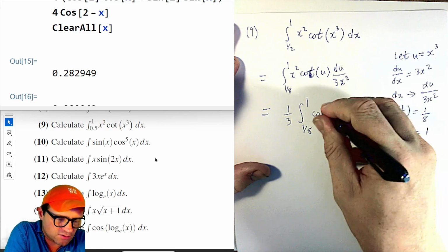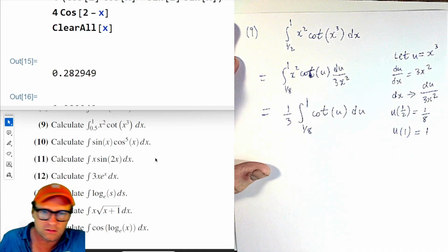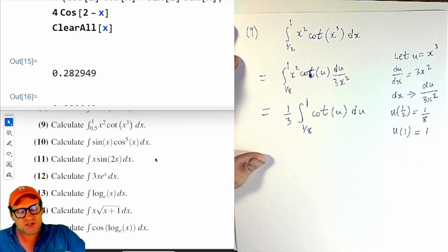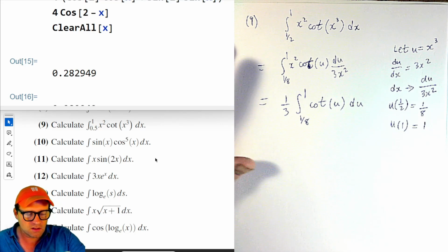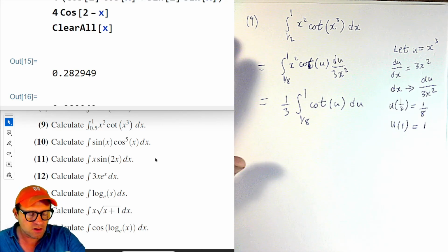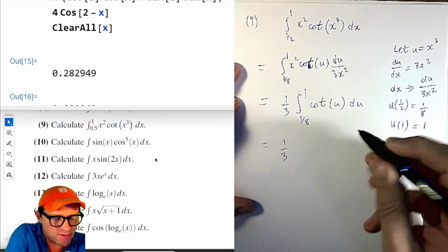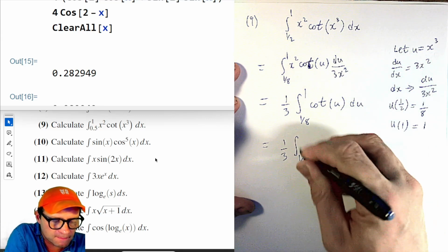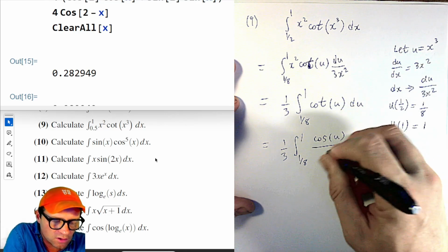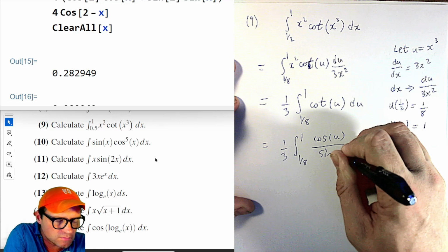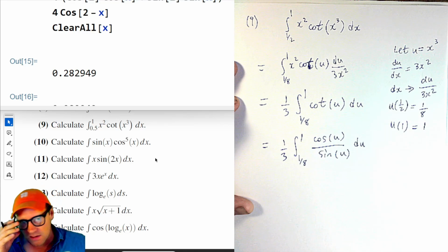And so we have an integral of a cot function. Now, you can look up what this is, but that's kind of a lazy thing to do when you can really calculate what the integral of cot is. So let's rewrite this. It's cos of u over sine of u. Okay, and now let's see.